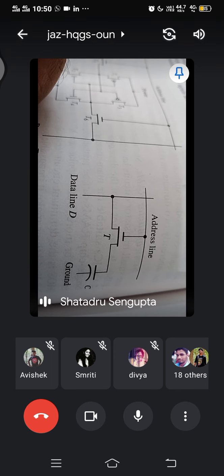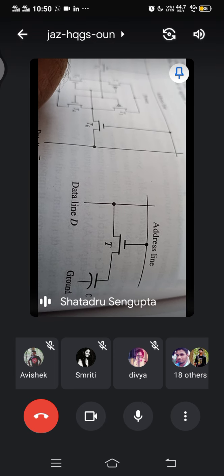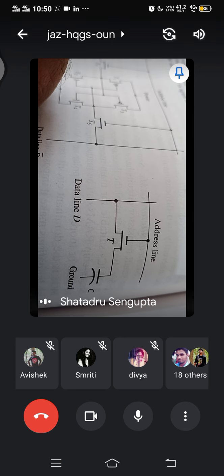4 GB, 16 GB, they are constructed, they are basically dynamic.